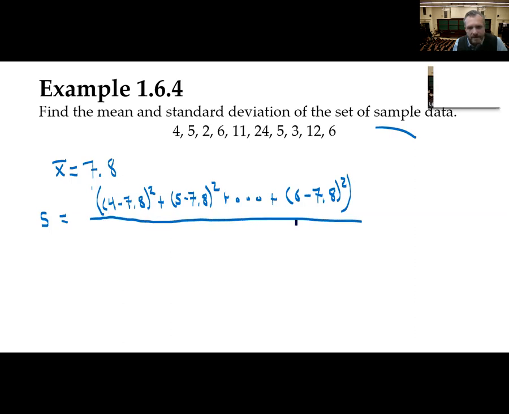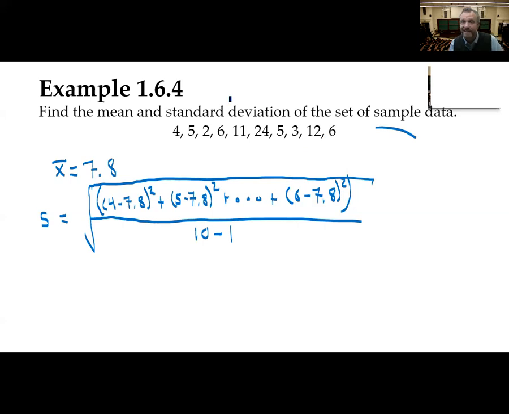Whatever that sum is, it's going to be divided by, well, let's see. This is a sample. What's the size? 1, 2, 3, 4, 5, 6, 7, 8, 9, 10. So divided by 10 minus 1, or 9. Okay? And we could do that and then take the square root. And that very lengthy computation, with just a very tiny data set, frankly, would give us a standard deviation. I would encourage you to work that out. It's a valuable activity to get your hands dirty with the computation.